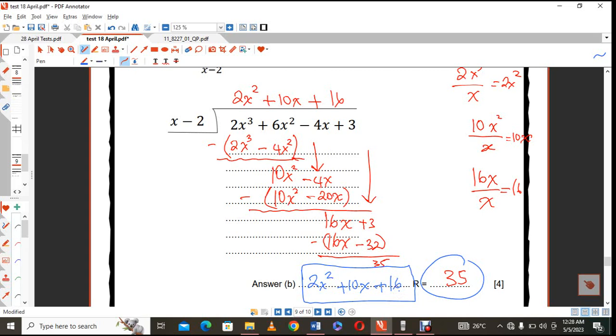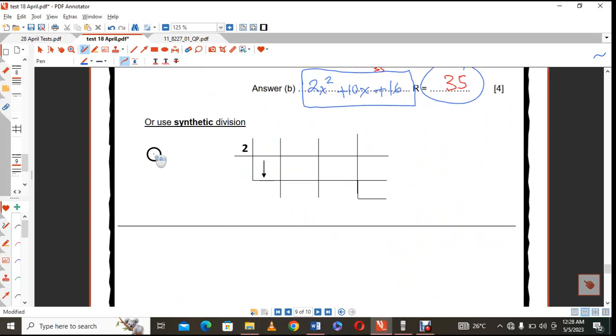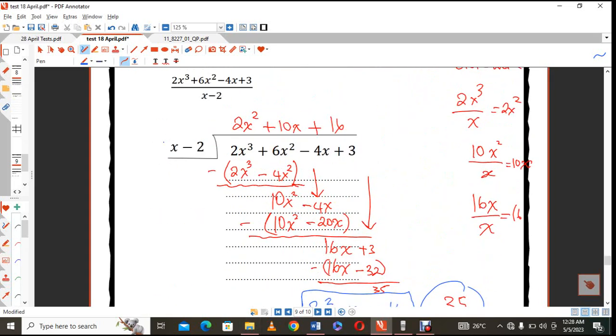You can also use synthetic division. I have shown in many videos how you can do that, as long as you remember that synthetic division works best if you have x minus a number, or x plus some number, as your divisor. Then you are best off doing synthetic division.